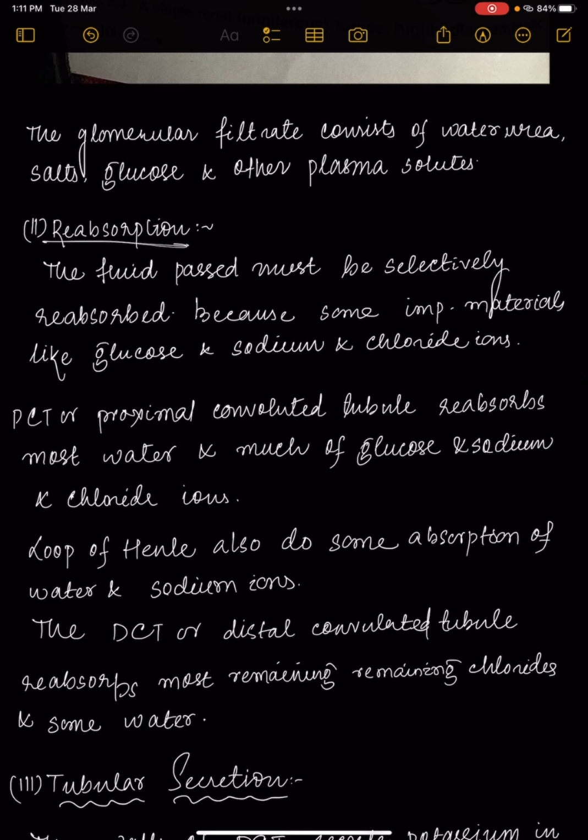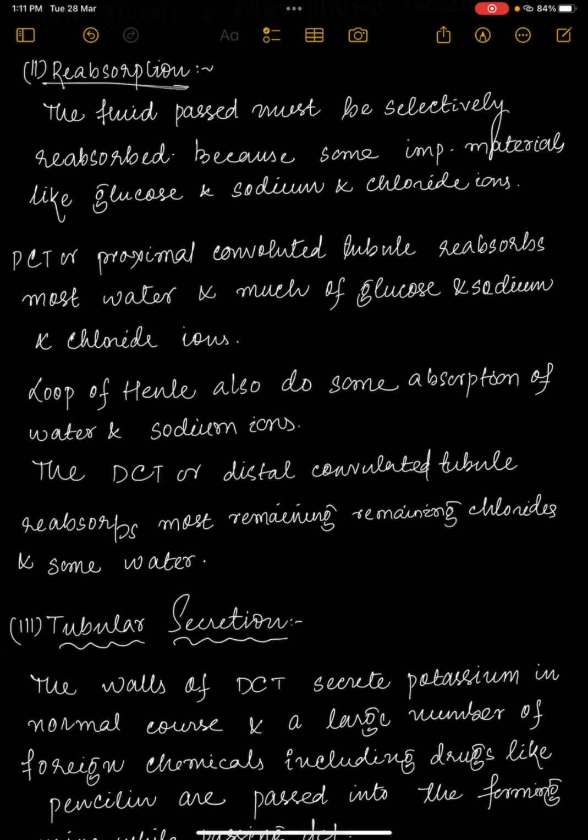So except urea, we have to reabsorb all the things from the filtrate. The fluid must be selectively absorbed because important materials like glucose and sodium and chloride ions are present in it. The PCT, or proximal convoluted tubule, reabsorbs most of the water and much of the glucose and sodium and chloride ions, which are important.